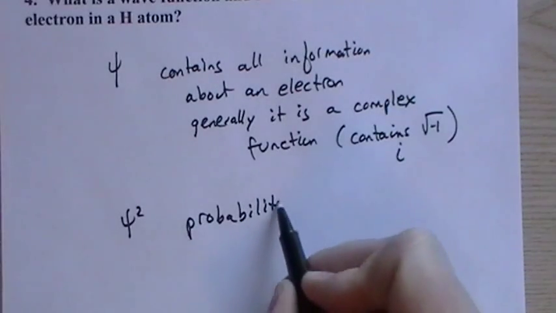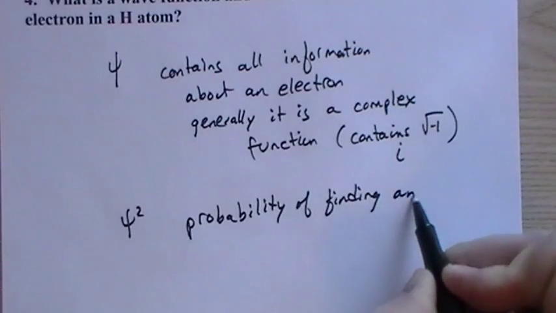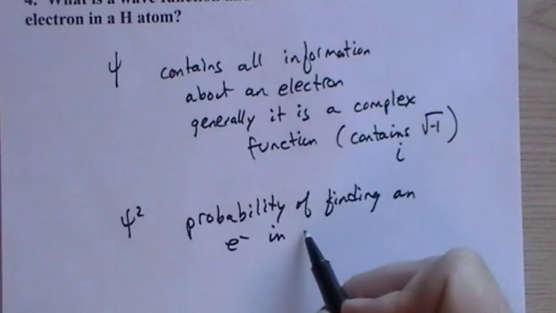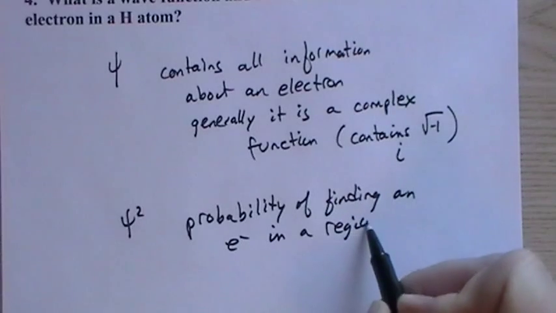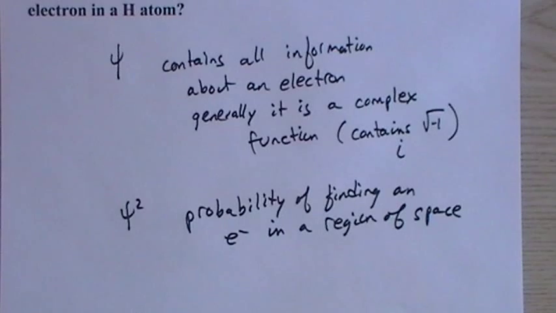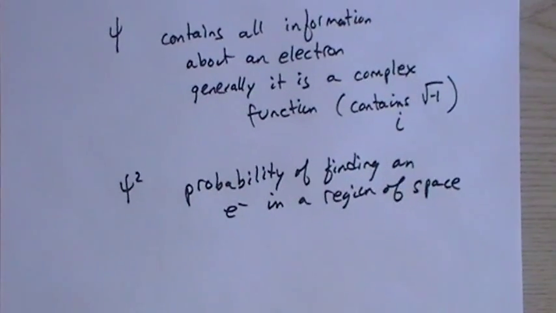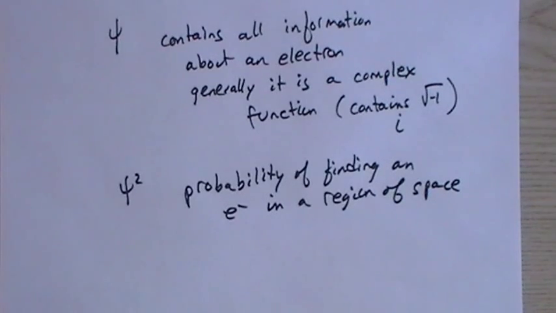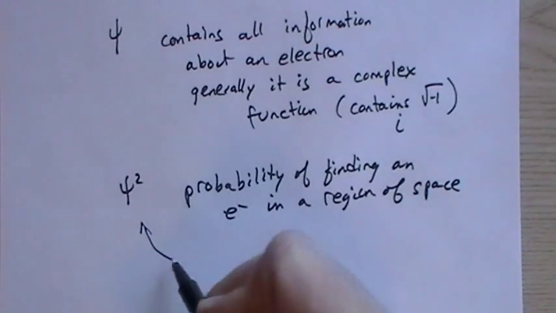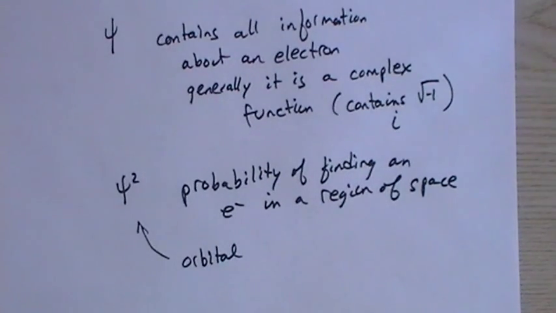And this is the probability of finding an electron in a region of space. So the psi just gives us all of the information about the electron, but in a form that's very tricky to work with because it has a complex term. If you square it, though, you end up with the probability of finding the electron in a region of space, and this is directly related to the orbital that we'll talk about, I think, next lecture.